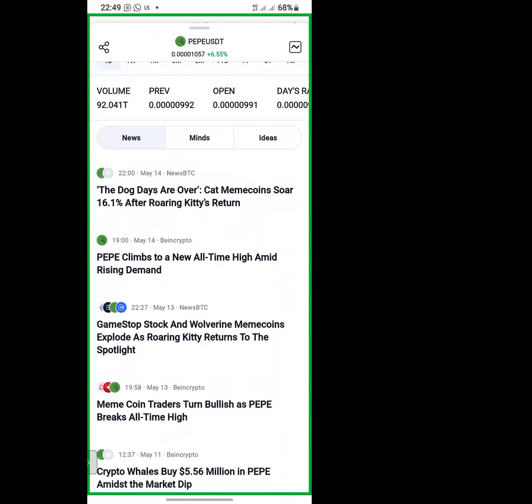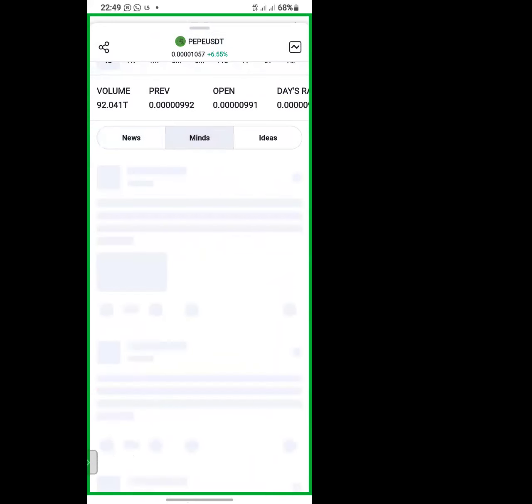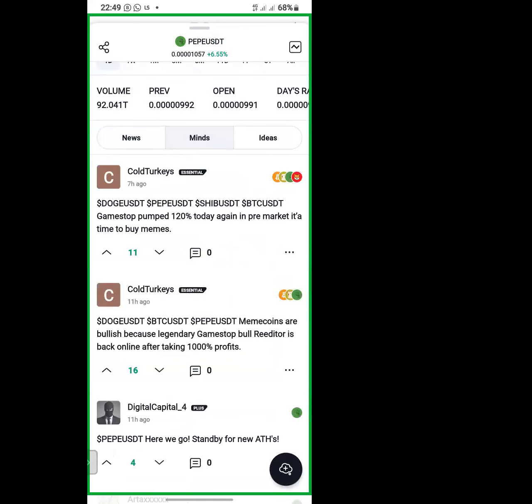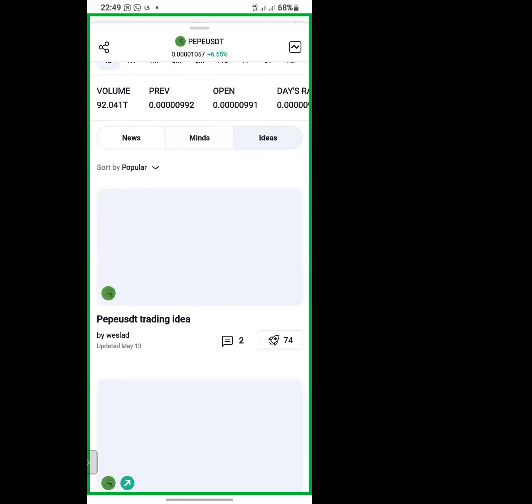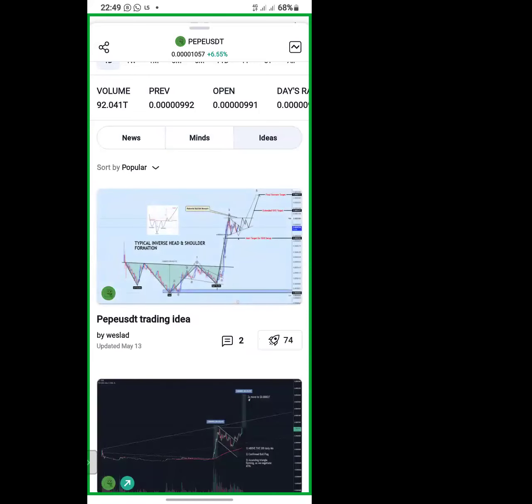If I'm going to trade Bitcoin, what's the news moving around Bitcoin? Then there are the minds, which are people's minds, the way they think about this particular coin. Then we have the ideas. People come up with ideas about the currency you've selected. So this is Pepe, and these are the ideas.